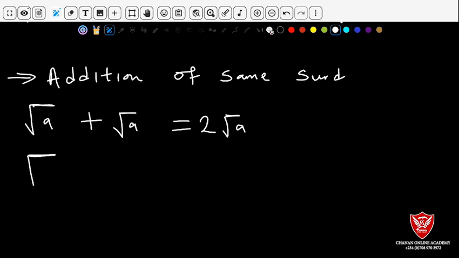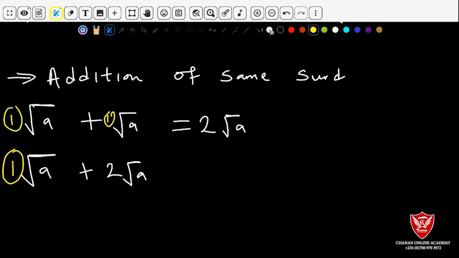If we have root a plus 2 root a, now take note, there's an invisible coefficient here, which is 1. So we add the coefficients together and then we keep the surd. That's how we have this 2. But at this point, there's an invisible 1 coefficient there. So when we add it to the 2, it will then give us 3 root a.